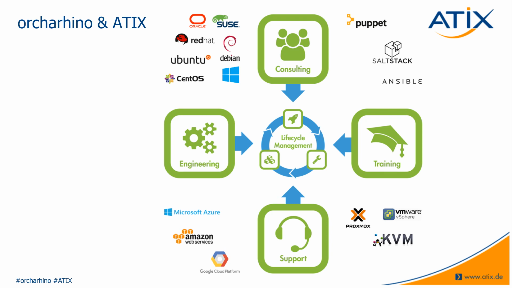Engineering is there to basically release and to build new orcharhino versions. orcharhino is based on the upstream projects Foreman and Katello. So basically, from these upstream projects, we backport fixes. We also develop several plugins.